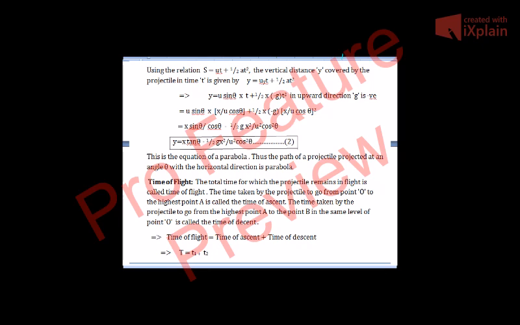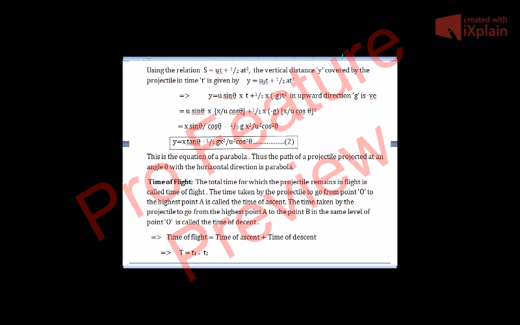As you know, in ascending order or descending order, these words have been derived from those. So, what is time of ascent? The time taken by the projectile to go from point O on the ground to the highest point A is called time of ascent, and the time taken by the projectile to go from point A to point B in the same level of point O is called time of descent.